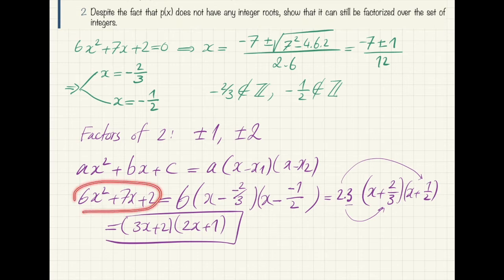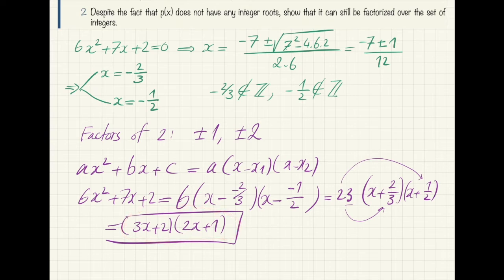This was a polynomial with integer coefficients. None of the roots of this polynomial is an integer. This polynomial has 2 roots, and none of them is an integer. But then I was able to factorize this over the set of integers.